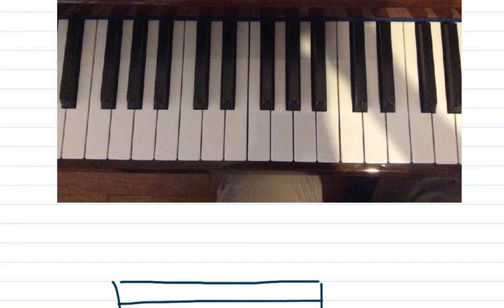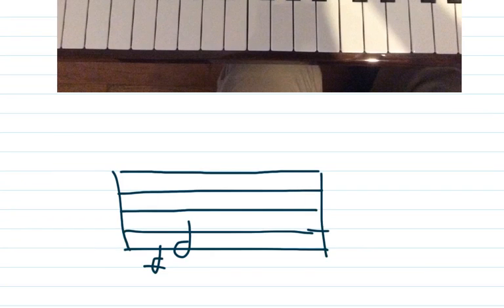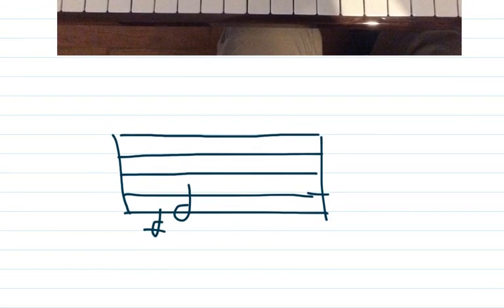But for it to be a specific major third, it has to have 4 half steps. So 1, 2, 3, 4. You start out here, and then this is 1, 2, 3, and 4. So then, that's a major third.